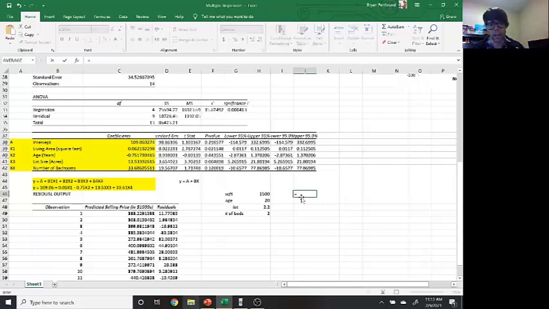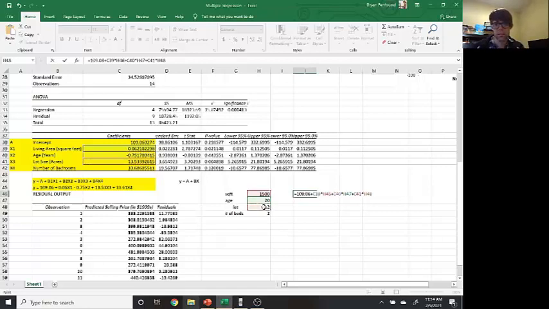just doing a formula like this. So we're going to look at our equation we have for y hat. 109.06 plus the slope number times square footage plus the age slope times 20 plus the slope number for lot size times lot size plus the number of bedrooms slope value times 2.